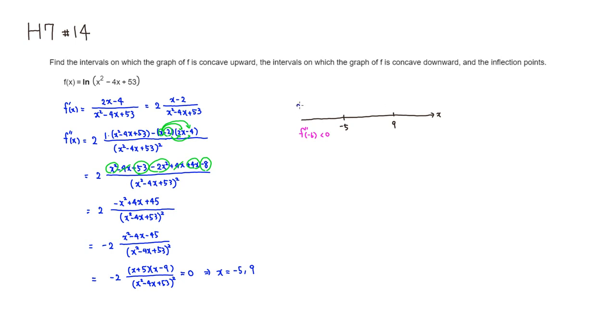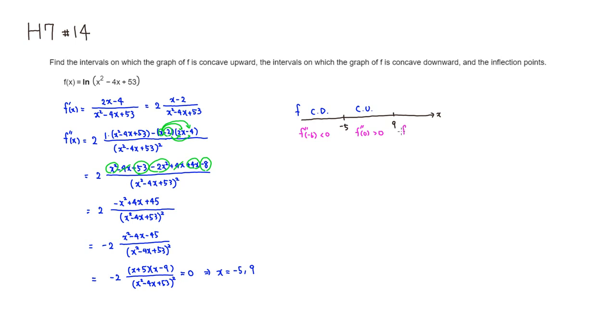Therefore our original function is concave downward there. For anything between negative 5 and 9, I'm going to try 0. That's positive, that's negative. Negative times negative divided by positive is positive. So we have a concave upward shape between negative 5 and 9.